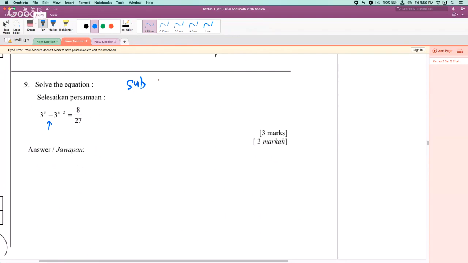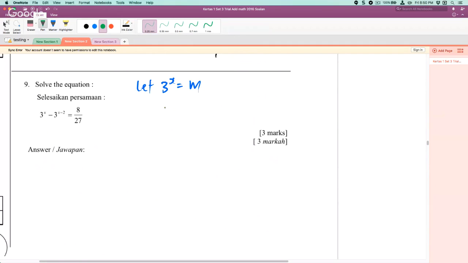Means something like I will let 3 power of x equals m. What do I mean by not on the power? You compare the negative here and the negative here. The negative for x minus 2 is the minus for the power, isn't it? This one is the minus for a normal number, so it's just a normal minus. So whenever you see plus or minus not in the power in this first question, I recommend you to do the substitution method.